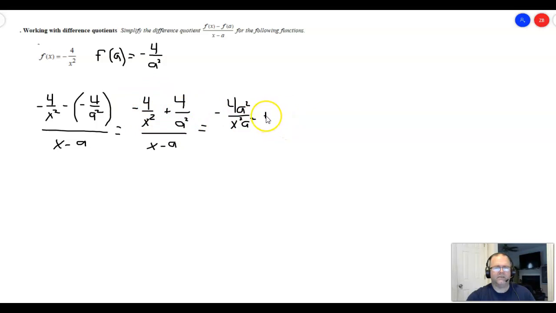And plus, I'm doing the same kind of thing over here, except I multiply the top and the bottom by x squared. So this is going to be plus 4x squared over x squared a squared. And I still have all over x minus a. Alright, and now I can combine the tops of them, because I have a common denominator here.